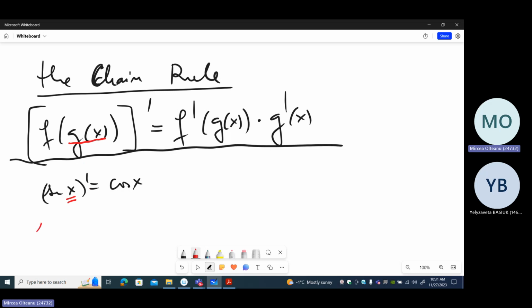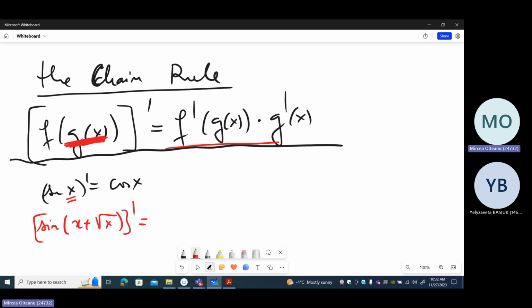For example, sine of x plus root of x. This is the kind of question we ask. So we don't have sine of x, we have sine of somebody. That somebody is g of x.